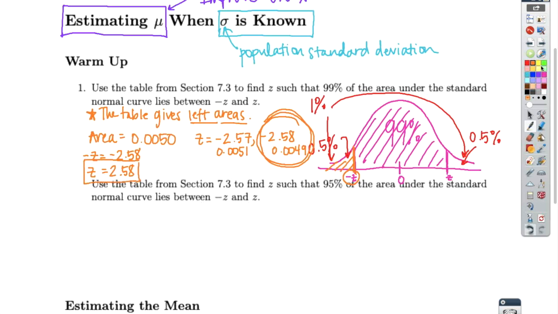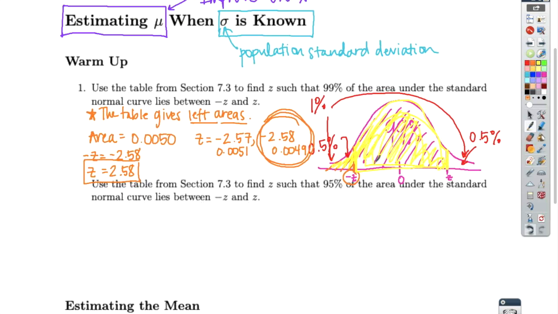Now let's think about another left area that I can get from this same picture. Another left area would be starting here and all of this to the left. Now let's think about what that area is. So first of all, from here over to negative z, remember that's 99%.